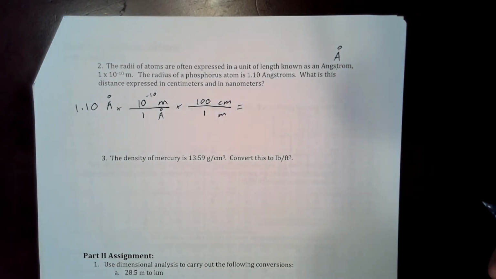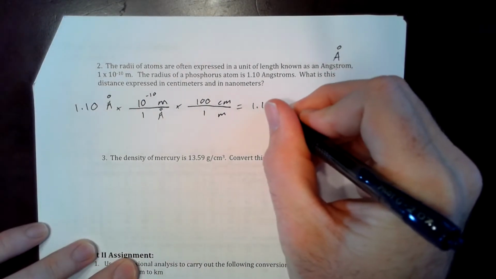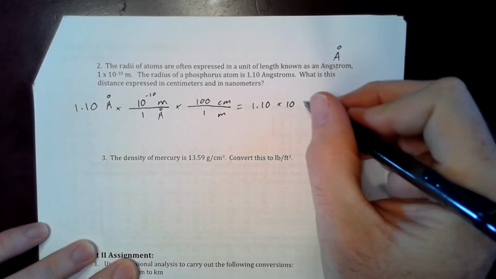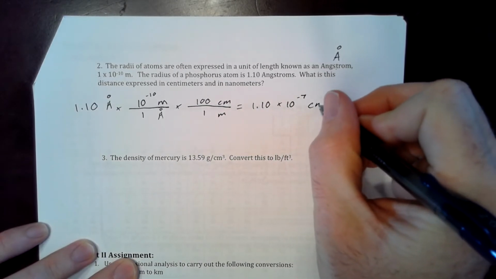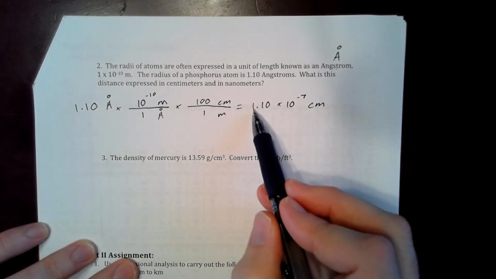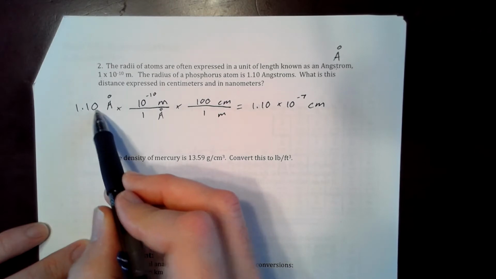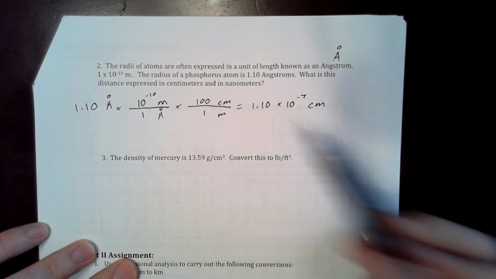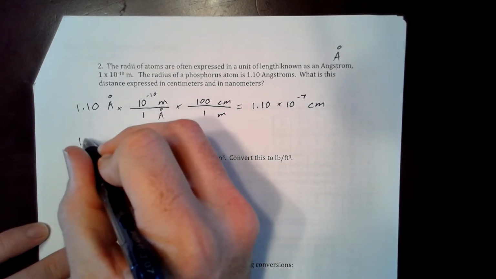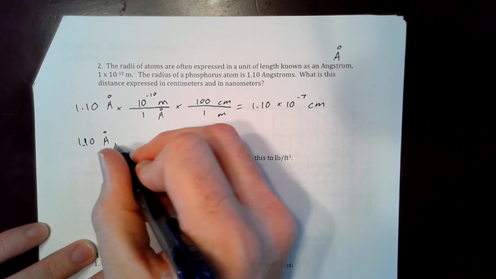Once I do that, I find out that it's 1.10 times 10 to the minus 7 centimeters. Don't drop that 0, because if you type it in the calculator, it will tell you 1.1. But it started with 1.10, so you need to keep 1.10.